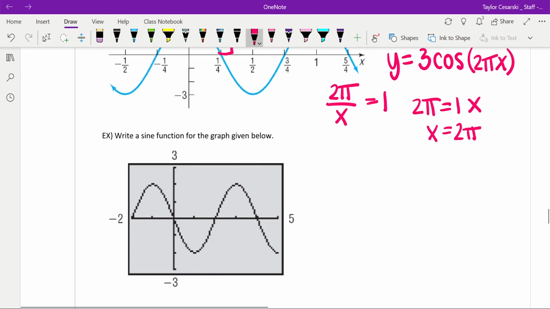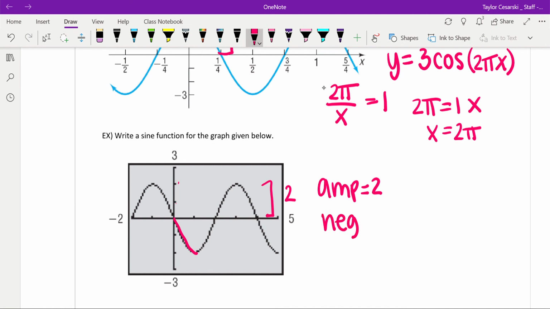All right. Last one is the sine function. So a couple things to notice: the height of your wave for your amplitude, and that's 1, 2. And also notice your scaling is by 1, so that's good. So the amplitude is 2. Now, one thing to notice is that sine normally goes up on the right, but this one's going down, so it is going to have to be negative.